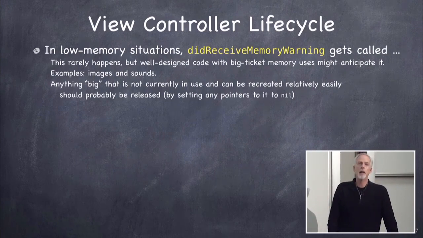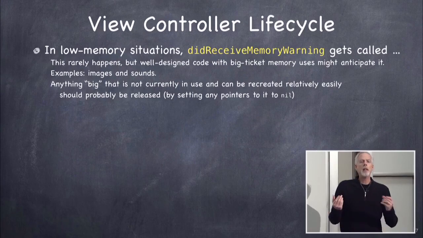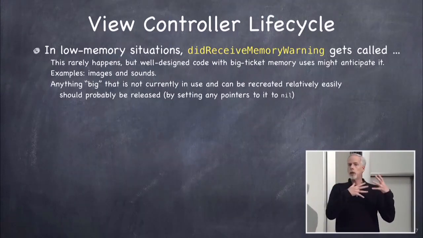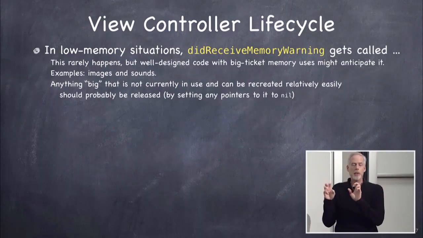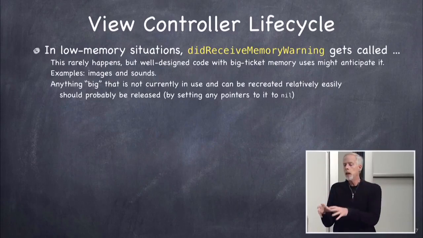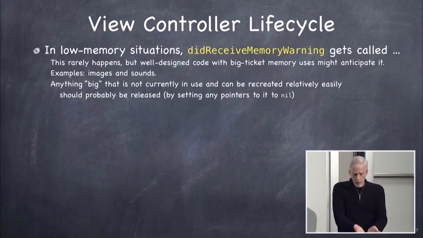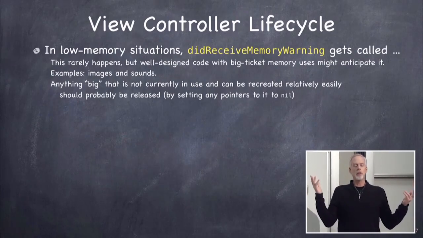If you've allocated a ton of memory and you're being a bad citizen, it'll just kill you off to get your memory back. What kind of memory would you free up if you got this method? Let's say you had an image that's not currently on screen, and you can create it from a file on disk. We haven't really talked about that. Your phone has permanent storage, flash memory. And you have, let's say, a JPEG image, and you can just recreate it. Well, you would definitely release that here, because it's not on screen, and you can create it real fast from the disk, so there's no reason to keep it around.